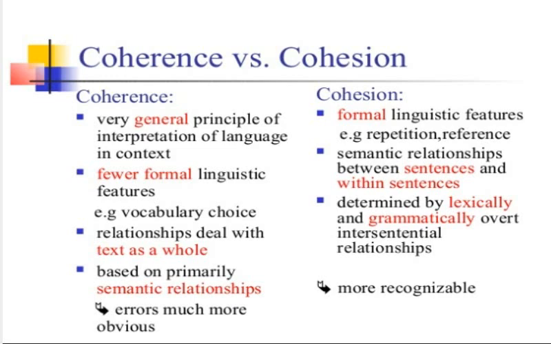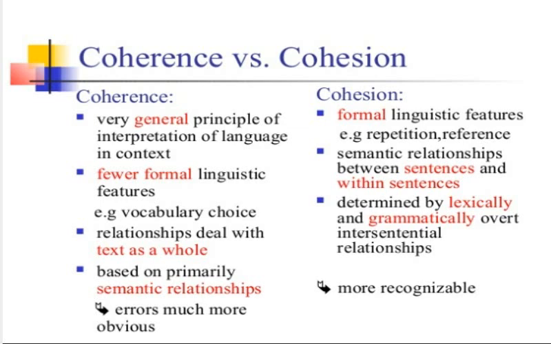Coherence or cohesion? Coherence is a very general principle of interpretation of language in context. It has fewer formal linguistic features, for example vocabulary choice. Its relationships deal with the text as a whole, based primarily on semantic relationships.